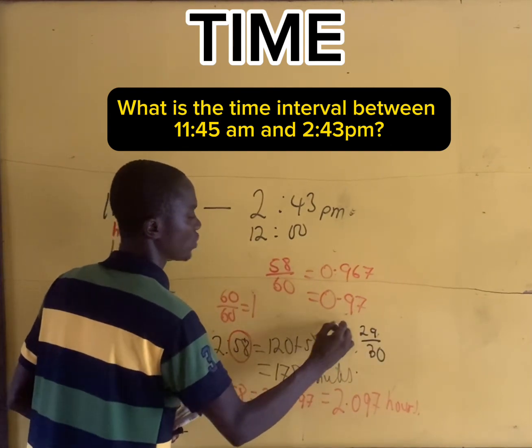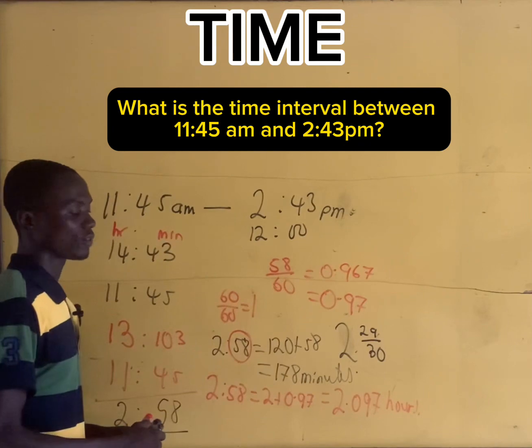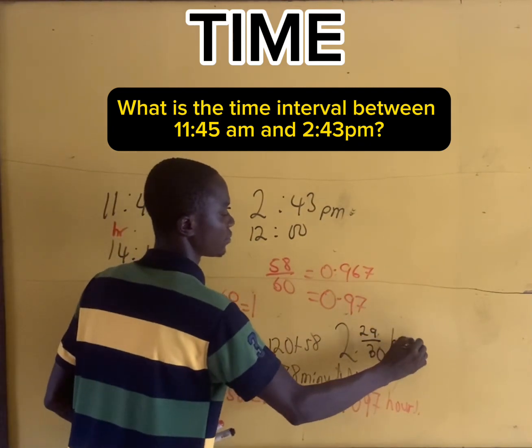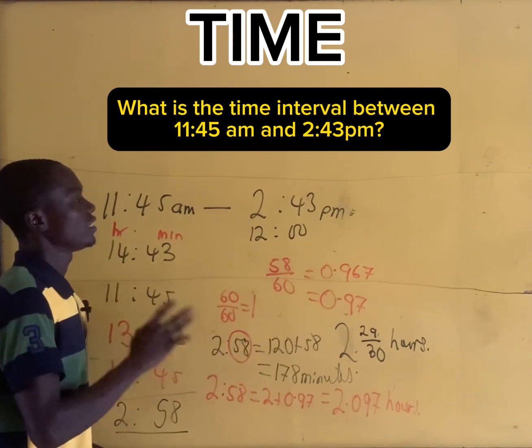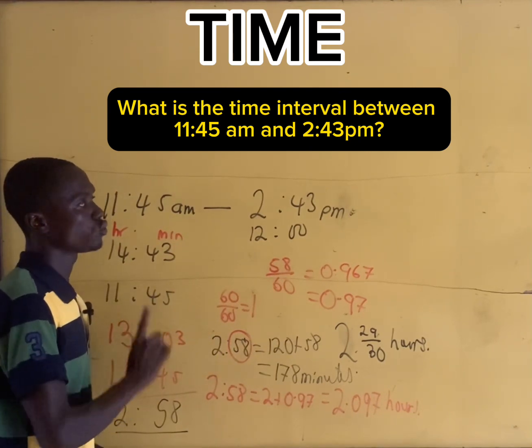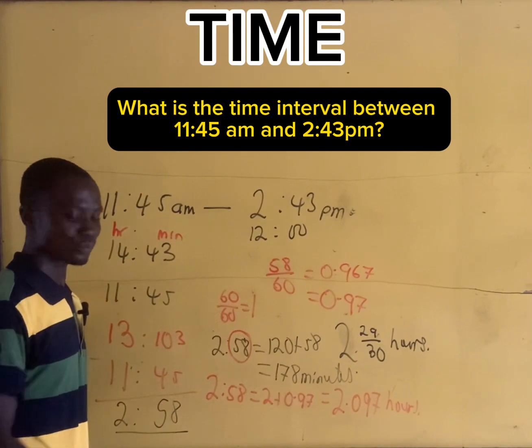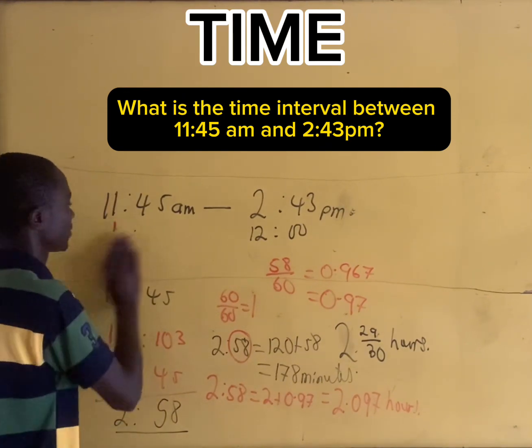So you can do it like this: 2 whole number, 29 out of 30 in hours. So this gives us the time difference between 11:45 a.m. to 2:43 p.m.